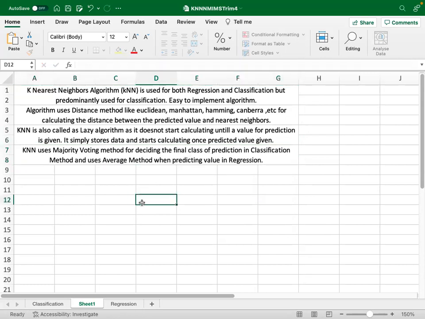So when you are using this algorithm as a classification algorithm, the final prediction is based on majority voting. I'll explain what this majority voting is while calculating, we will understand. And the average method: the average of the nearest neighbors will be taken in case of regression.